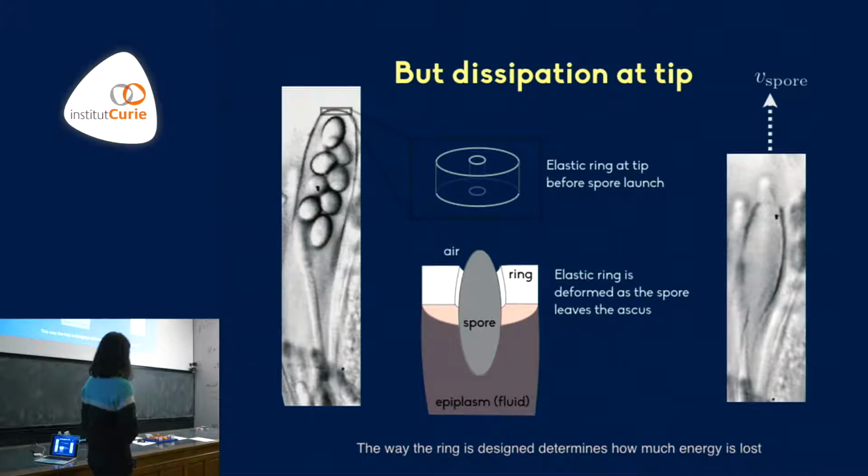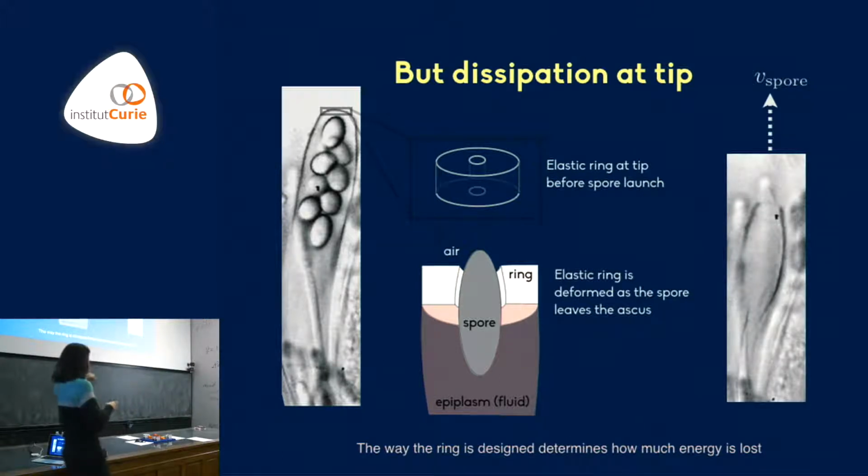But this is very idealistic, as I said, because there's dissipation. And dissipation in the system occurs mainly because of the details of the tip of the ascus. The ascus, remember, is this elongated cell. At the tip of the ascus, there's some mechanism that prevents the spores from getting out and then eventually lets them go out.